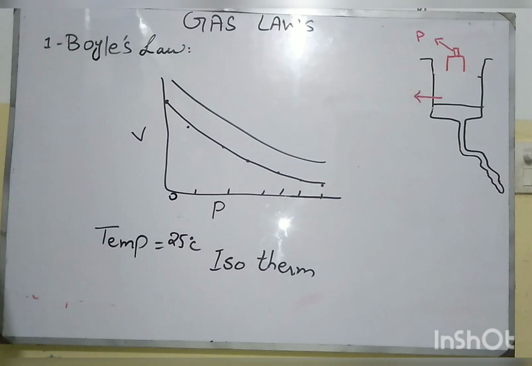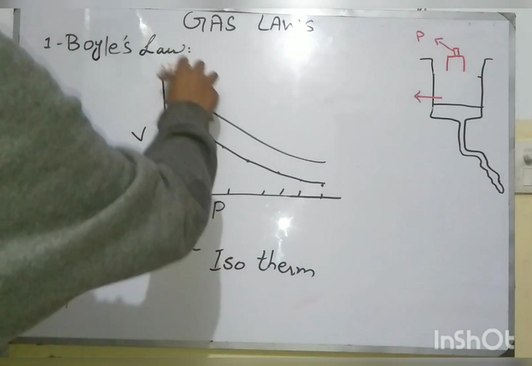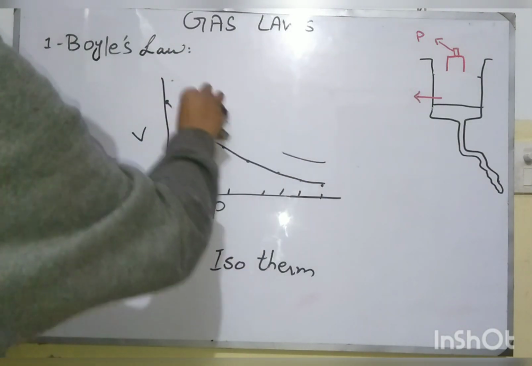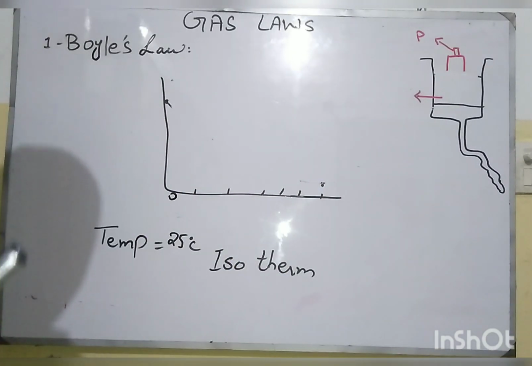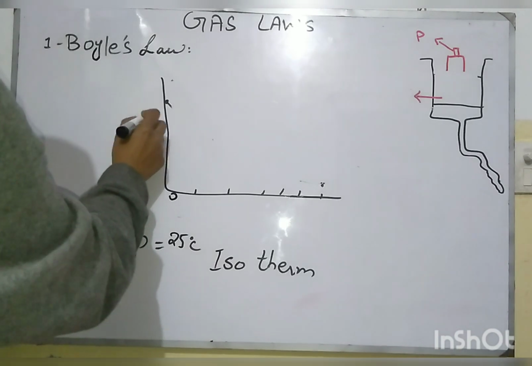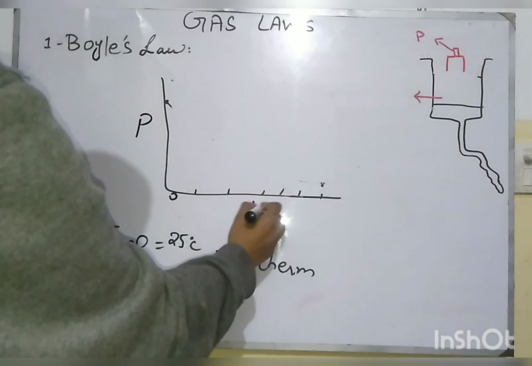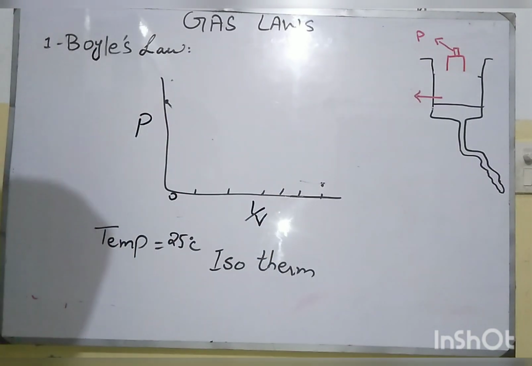Now if we plot a graph between pressure and 1 over volume, we are taking pressure on the y-axis and 1 over volume on the x-axis. Remember that in the first case we were taking only the volume, but here we are taking 1 over volume.